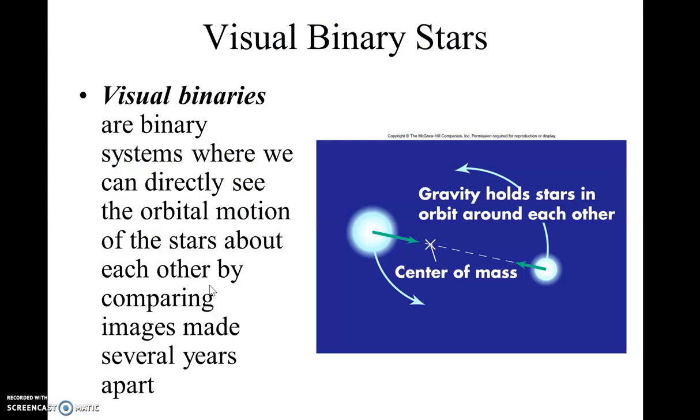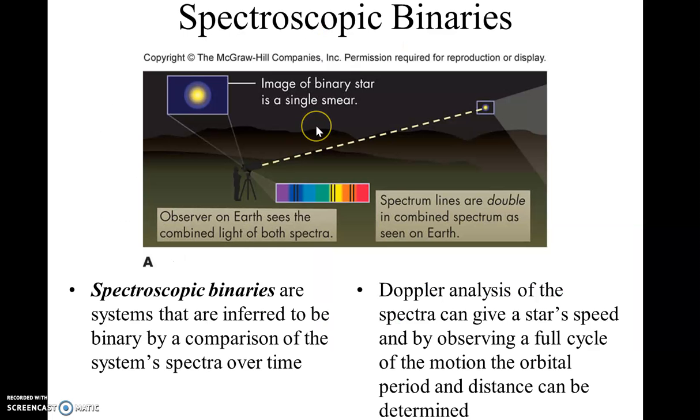Anyhow, we've known about binary stars for a long time. For probably at least the last 175 years we've had telescopes powerful enough to see some of the closer binary stars, these so-called visual binary stars.